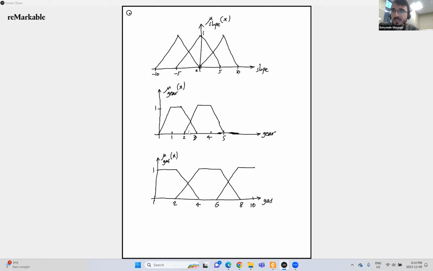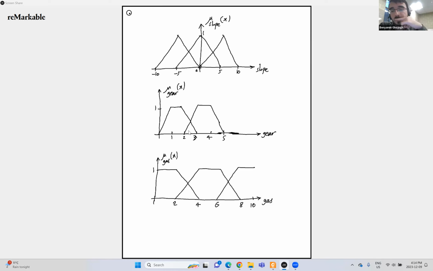How are these determined? Again, according to the application. Either the expert can tell us or we can figure it out ourselves. For example, for slope, we measure different experiments and we see that it's between -10 degrees and 10 degrees, or -10 radians to 10 radians, whatever we call it.